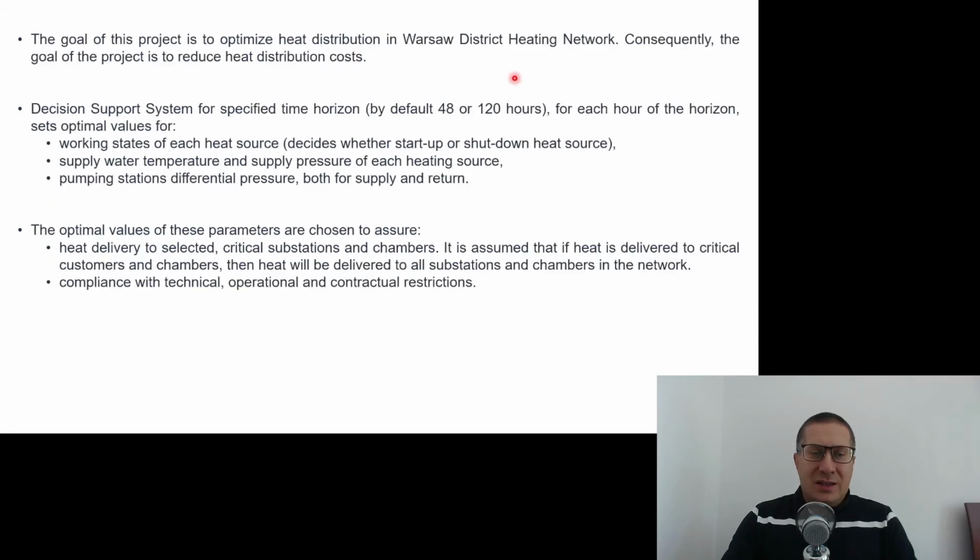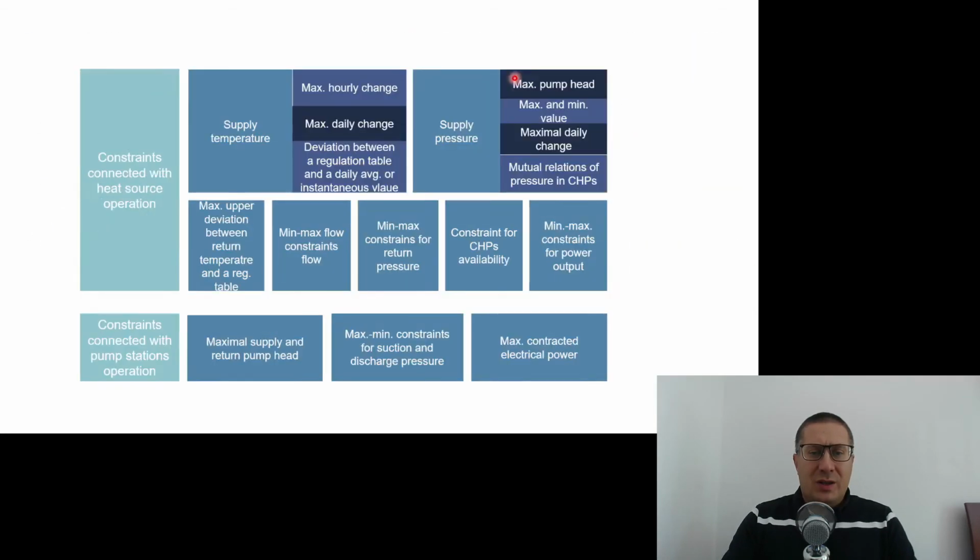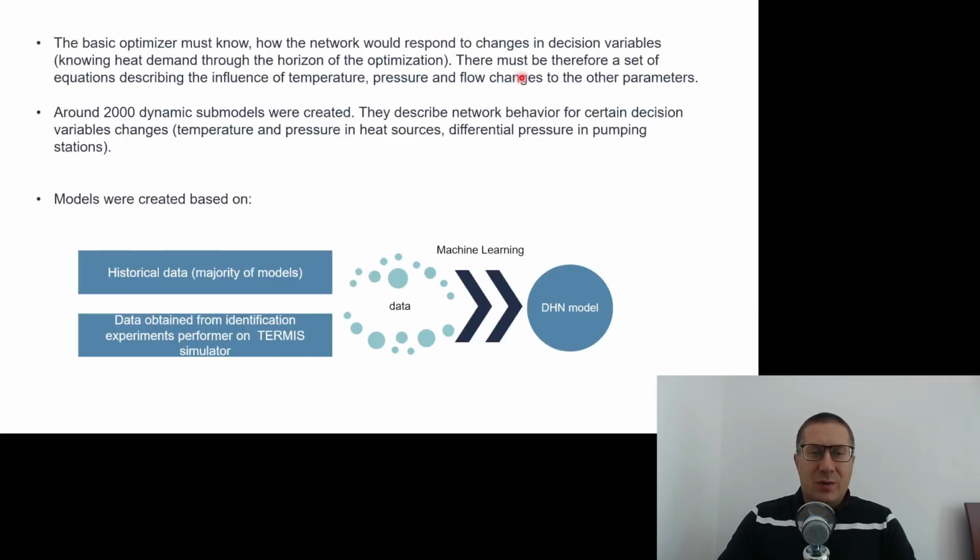And that is why, in order to increase the variation in the data, we made some additional identification experiments. You can do it on a real plant, on the real system, on a real network. We have done such experiments in power plants or in underground gas storages. But here we had the simulator.